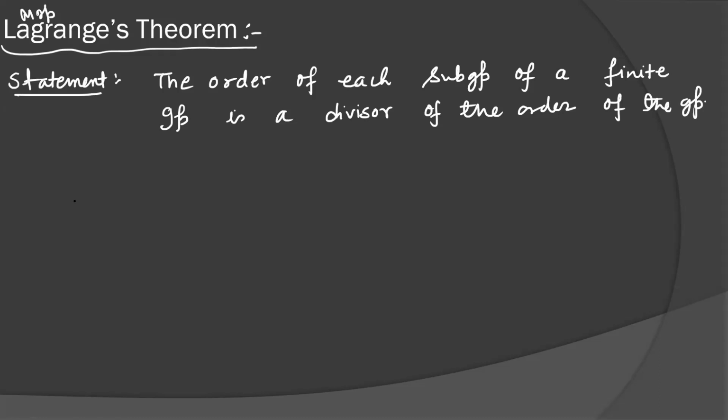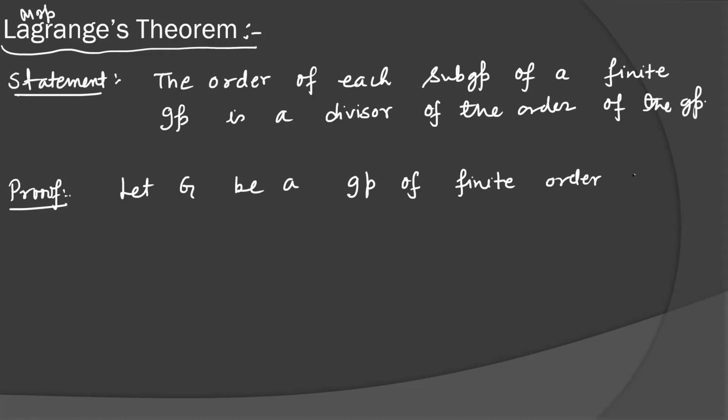Let's see the proof. Let G be a group of finite order n. What is the order of the group here? I am considering the order of the group is n.